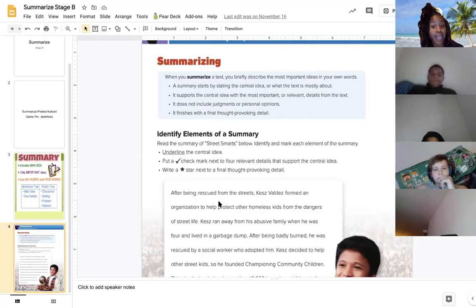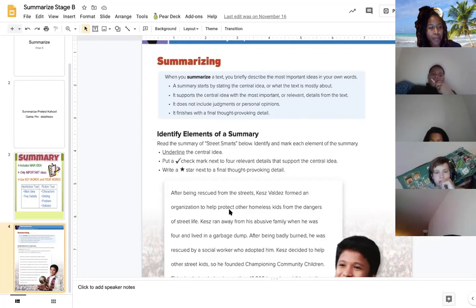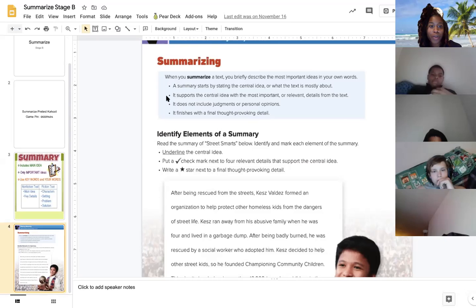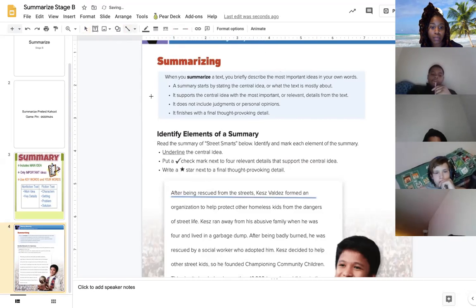We read about him being adopted. We read about him forming an organization. You guys remember that from the story? Okay. So I'm going to underline this sentence. Okay, so that's our first task.